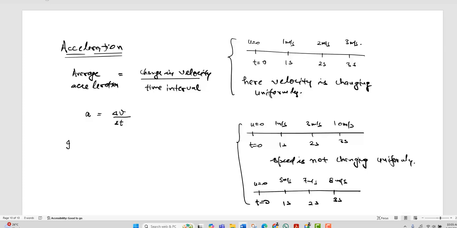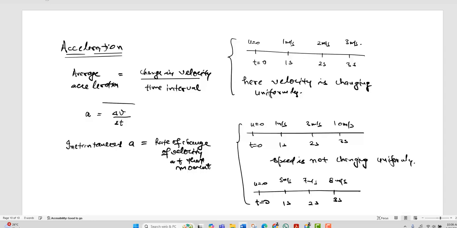But if you want to define instantaneous acceleration, so that is equal to rate of change of velocity at that moment. So we can't describe this to you right now.